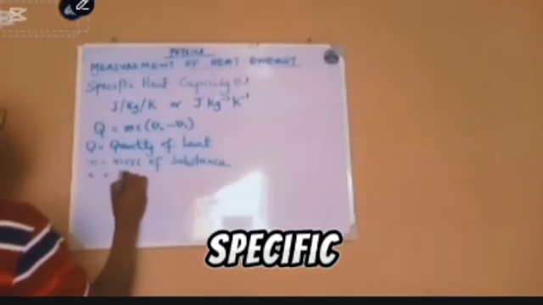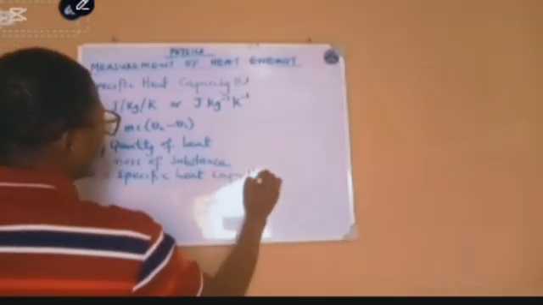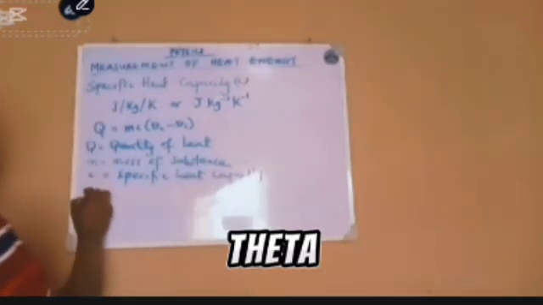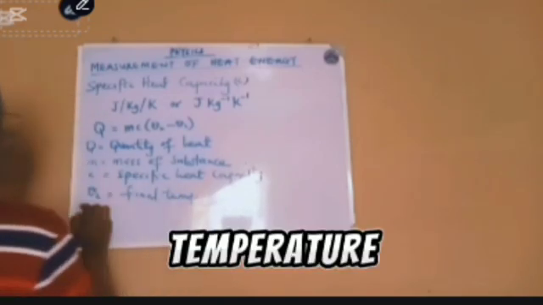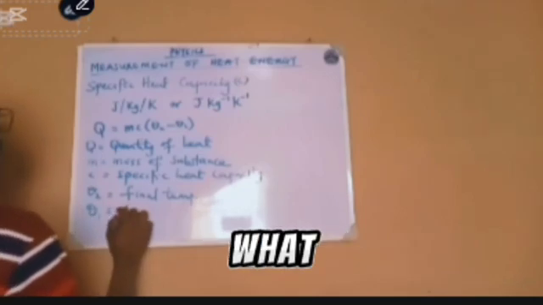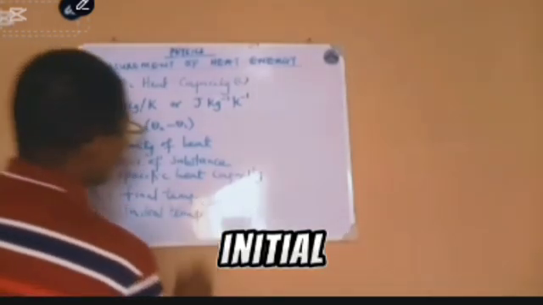C is the specific heat capacity. Theta 2 is the final temperature. Theta 1 is the what? Initial temperature.